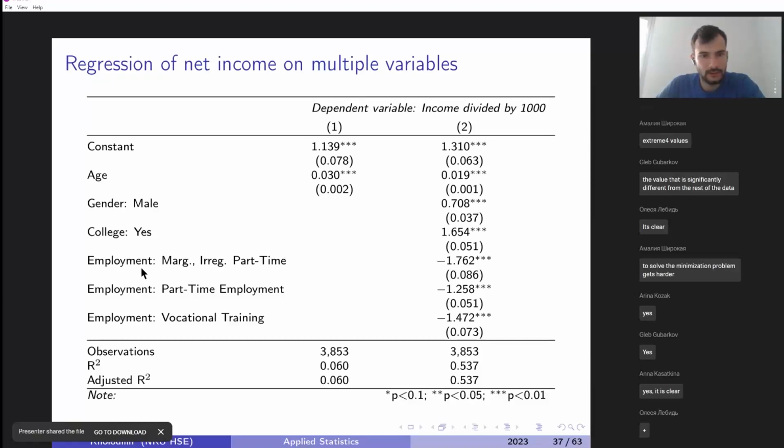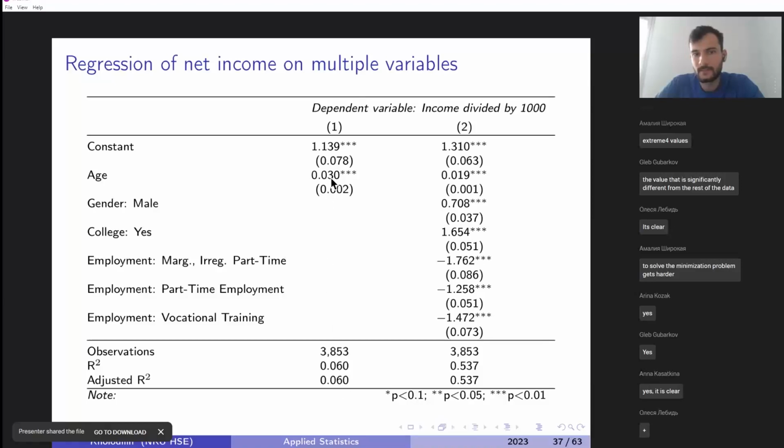And then there are some other regressors, which are the type of employment: irregular, officially part-time, and some volunteered training.